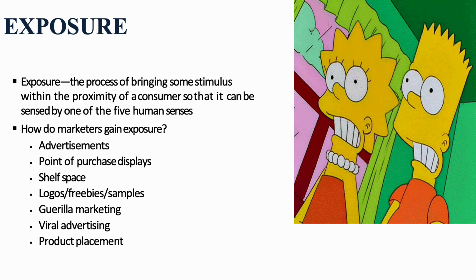I'm sure we can all think of something that's gone viral recently within the marketing world. And then product placement, where you embed a product or a brand into something like a film or television. This is another way to gain exposure, and we'll talk more about it in a minute.